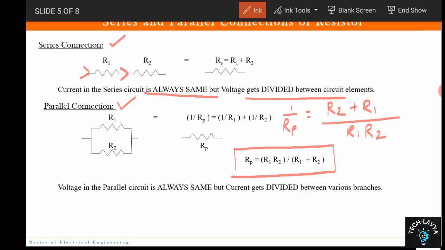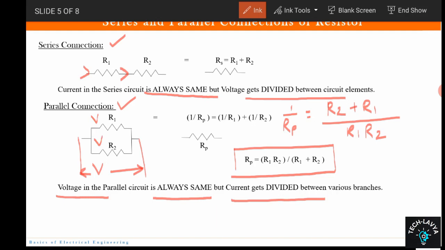Now again, an important point is that if we talk about the voltage in a parallel circuit, the voltage is always the same, but here the currents get divided. It means whatever voltage is applied across this parallel combination, the same voltage appears across R1 and R2.